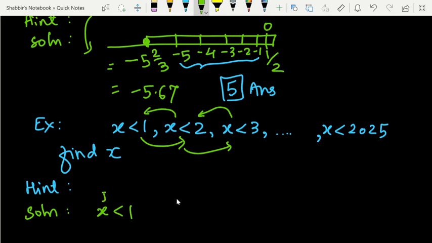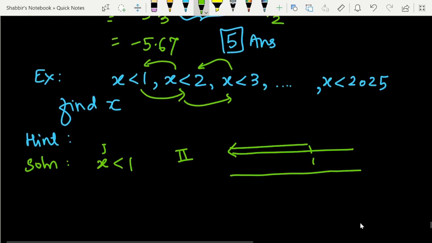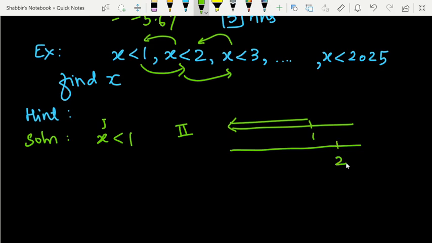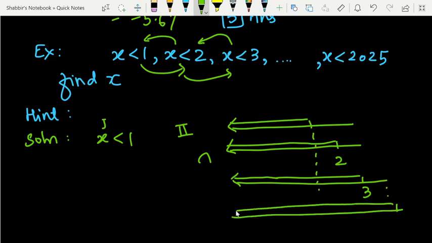Or else, if you think like this, if you try to do it by the number line method, x less than 1, and take the intersection of all, then x less than 2, x less than 3, and so on up to 2025. If you take the intersection, as you can see, these would be the portions common to all.